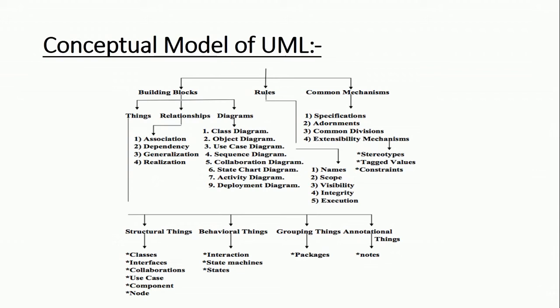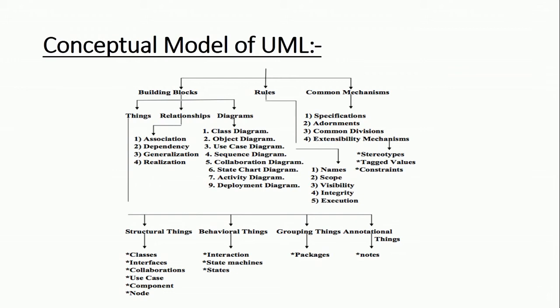Association is a relationship between classifiers which is used to show the instances of classifiers that could be either linked to each other or combined logically or physically into some aggregation. So UML specification categorizes association as semantic relationship.